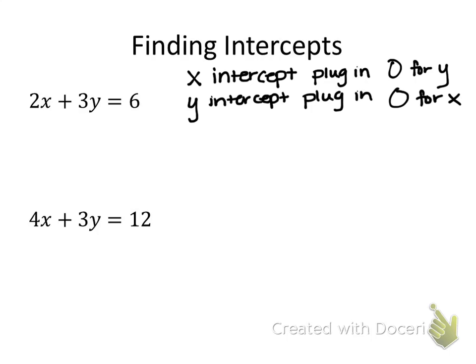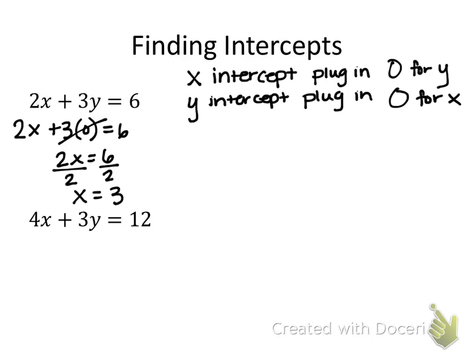So let's find our x-intercept first. So I'm going to rewrite my equation, 2x plus 3, and instead of having a y, I'm going to plug in a 0 equals 6. Well, what happens there? What's 3 times 0? 0. So I can just cross it out because it's no longer a factor. And I get 2x equals 6. Divide by 2, and my x-intercept is 3.